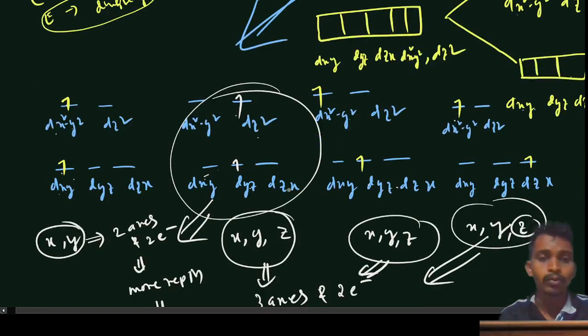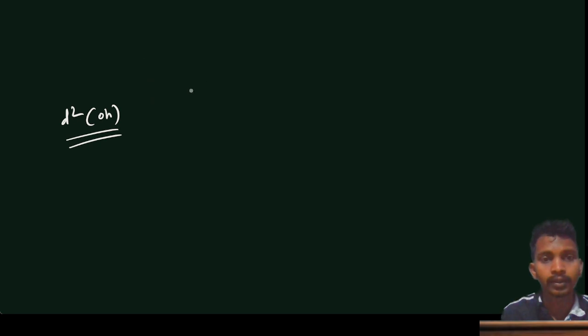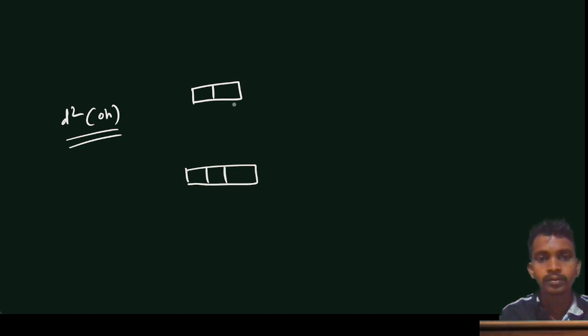Okay, so now we will discuss the d2 octahedral case. For d2 octahedral, these are the types: 1, 2, 3, and 1 and 2. Okay, I am showing the excited states here.